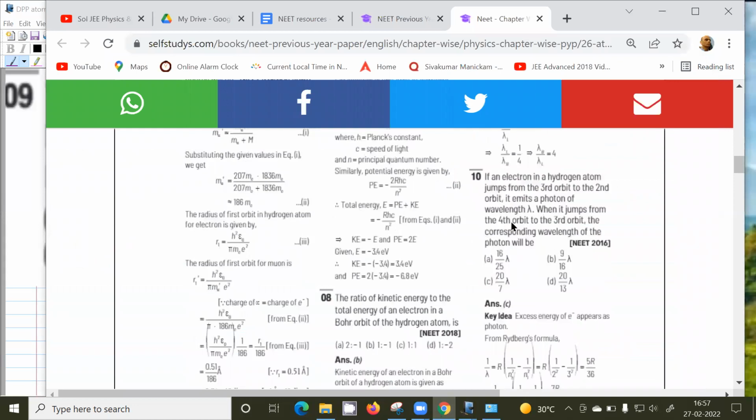This one: an electron in a hydrogen atom jumps from third orbit to second orbit and emits a photon of wavelength. When it jumps from fourth to third orbit, the corresponding wavelength will be? This is a trivial question.